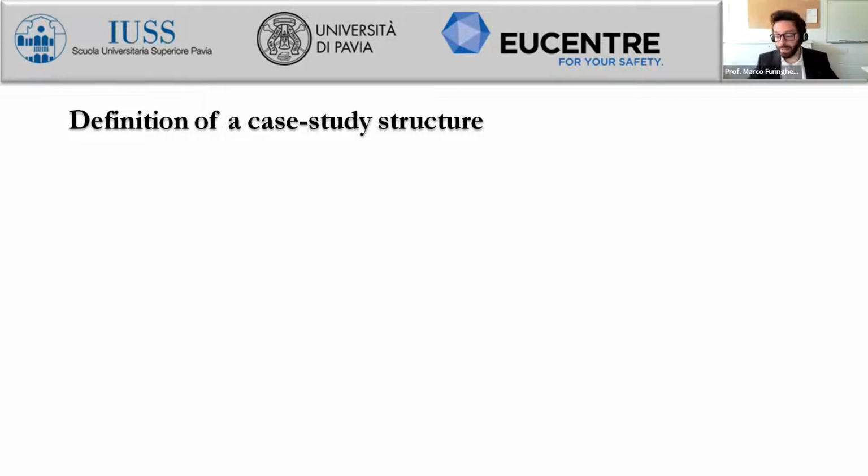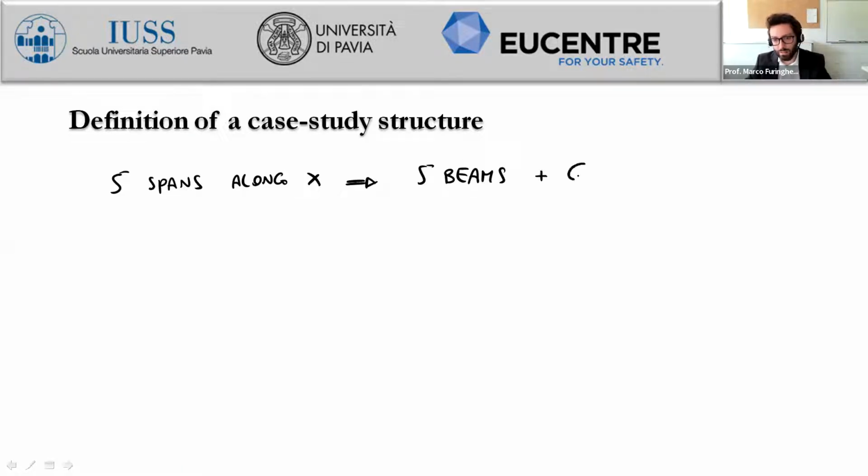So we know that the main characteristic of the building is a 3-story building with 5 spans along X and 3 spans along Y. So I start by considering these characteristics. 5 spans along X means 5 beams and 6 columns.